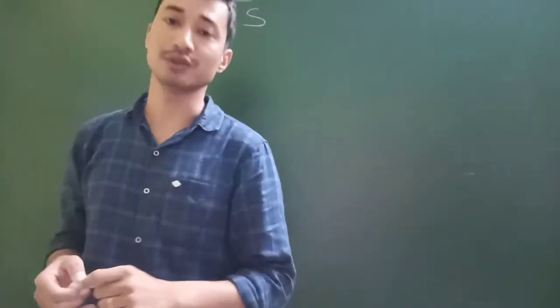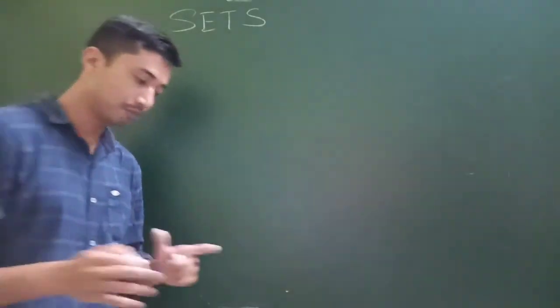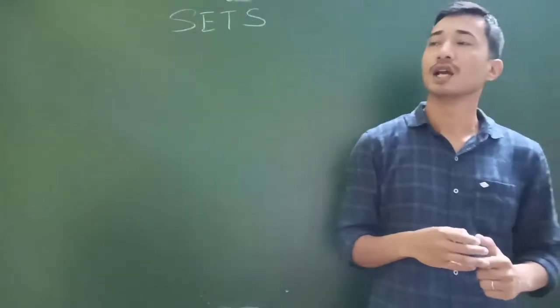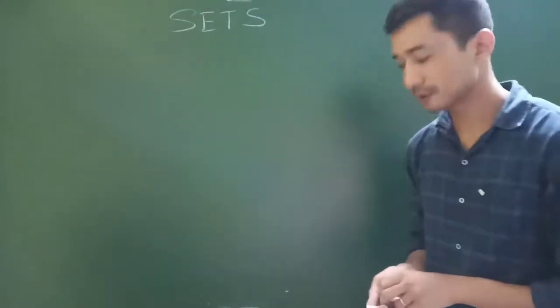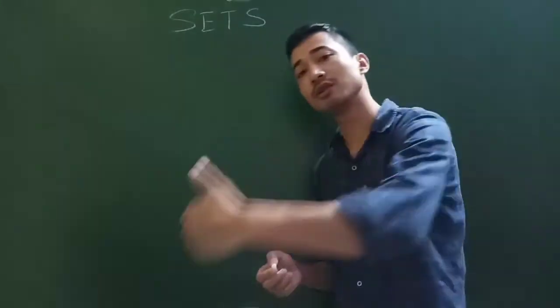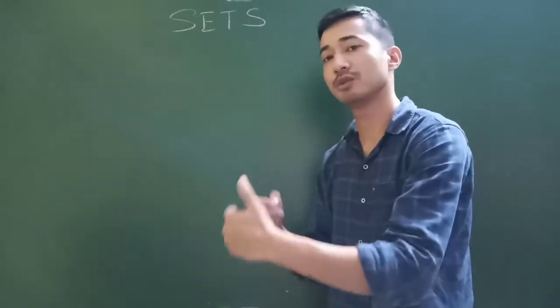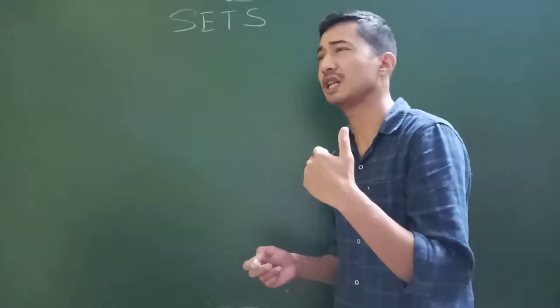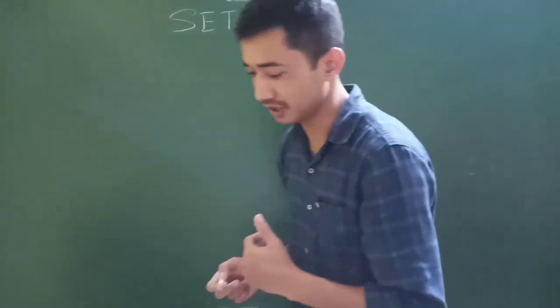I'll continue with those. But before we jump into the different kinds of sets, let's do a little bit of rewind. What were sets? What did we study last class? Those who haven't, please go through that last video and then come to this video so that there will be sequence. Otherwise, that sequence will be broken and you'll end up not understanding things properly.